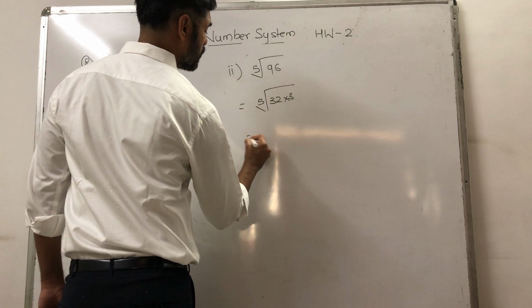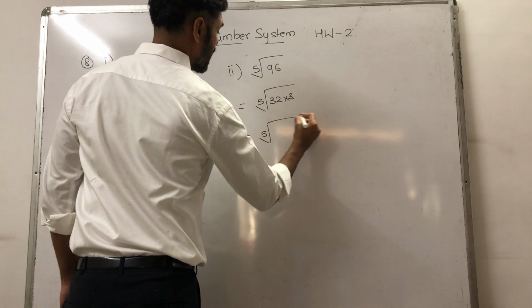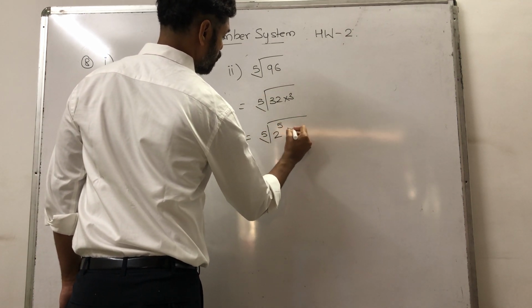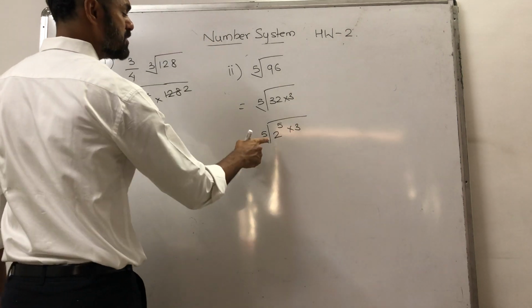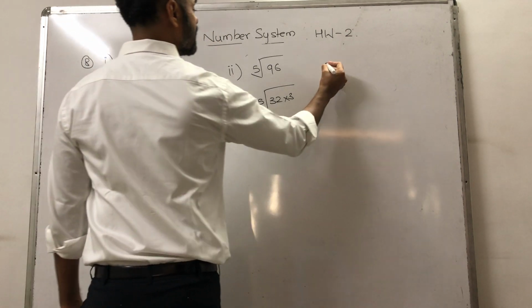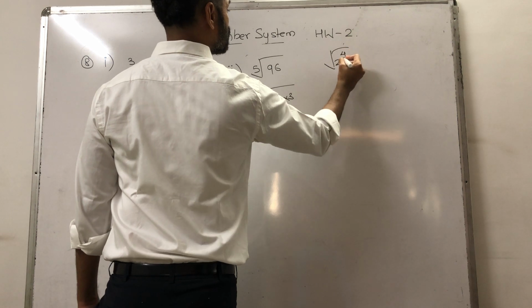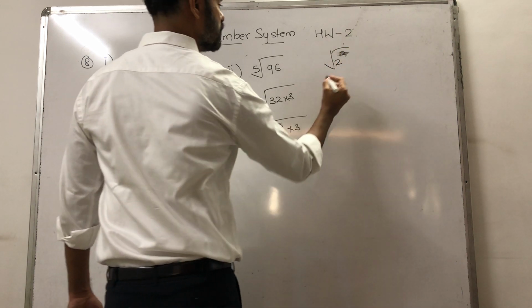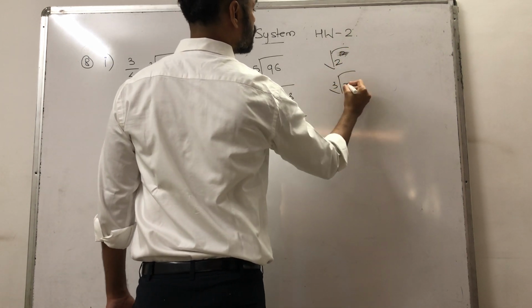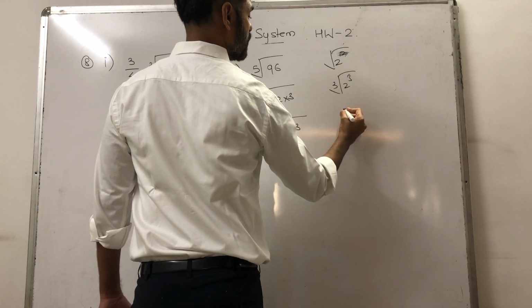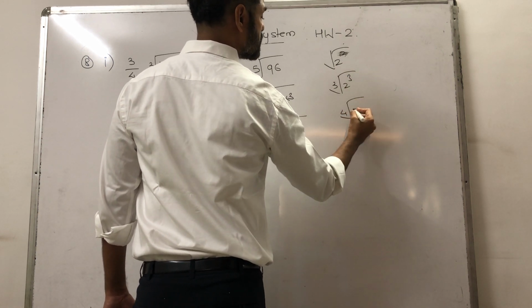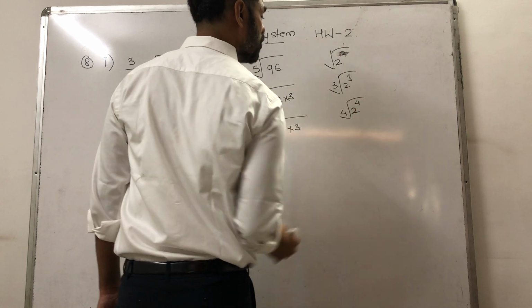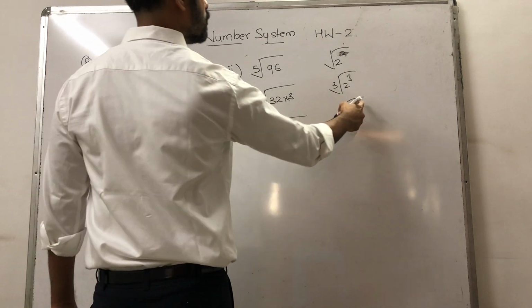Now this was a fifth root. I am writing 32 as 2 raised to 5. Now what is the fifth root of 2 raised to 5? Like the square root of 2 square is 2, the cube root of 2 cube is 2, the fourth root of 2 raised to 4 is 2.